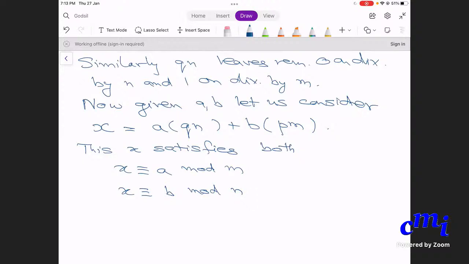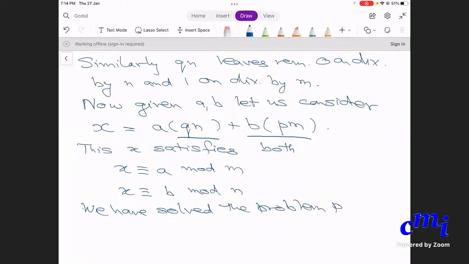Because if you divide by m, this part is divisible by m. This leaves a remainder of 1 on division by m. So if you multiply with a, then it will leave a remainder of a on division by m. Similarly, it will satisfy the other condition. So this essentially solves the problem.